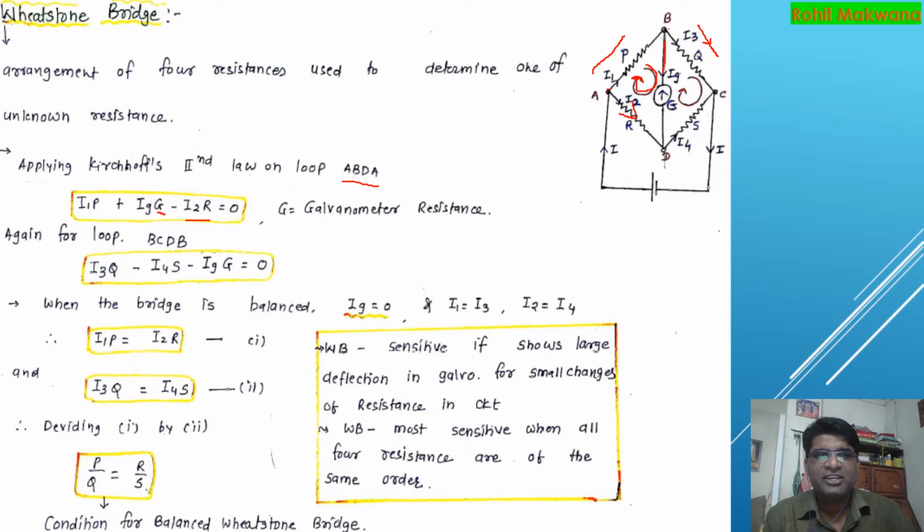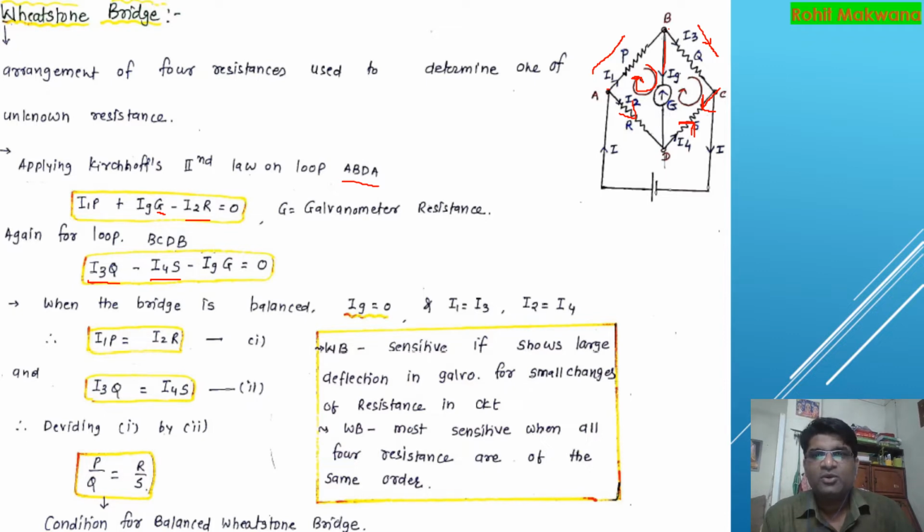It is I3Q. Okay, now if you come from C to D, then I4S is coming towards you. You are going clockwise, and this here is anti-clockwise, so it will also have to come with the negative sign. So I4S is here with the negative sign.